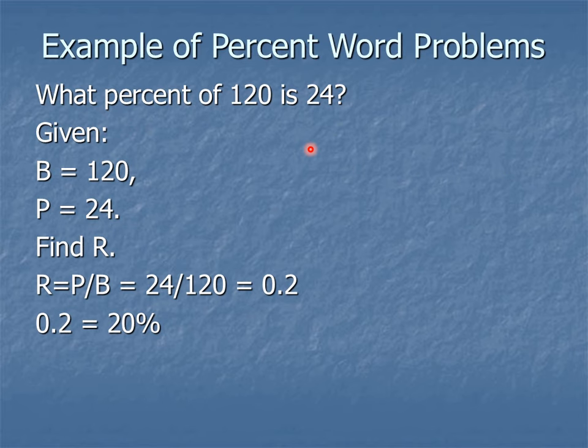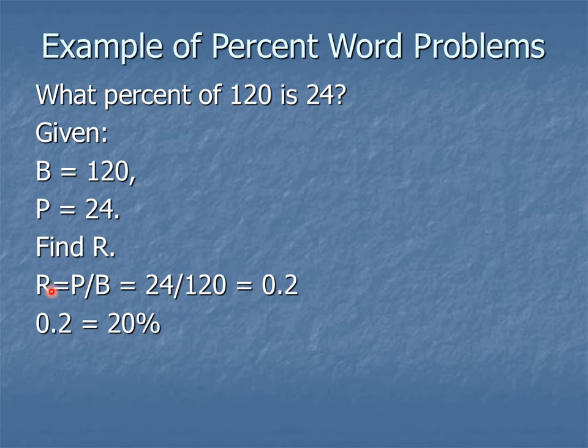Now here's an example. What percent of 120 is 24? If you look at this example, you must see that the 120 is followed by of, which should be the base, and 24 is another number, which is the portion. So you are looking for the rate. Now look at the formula. This is what we plug in.